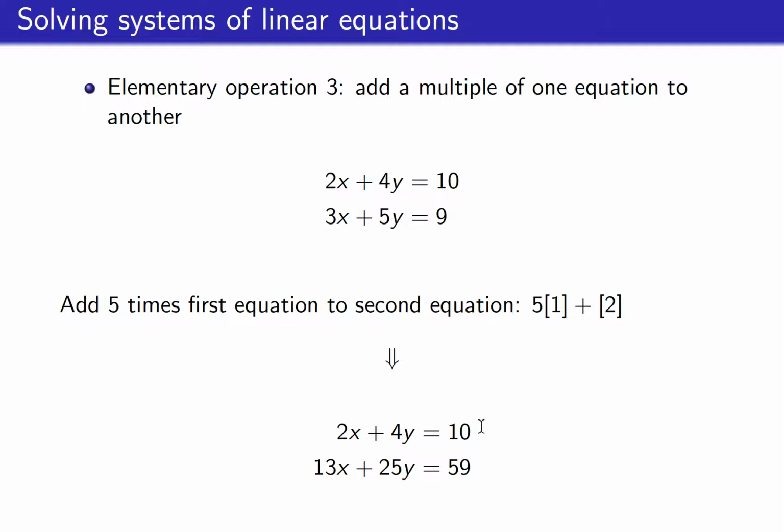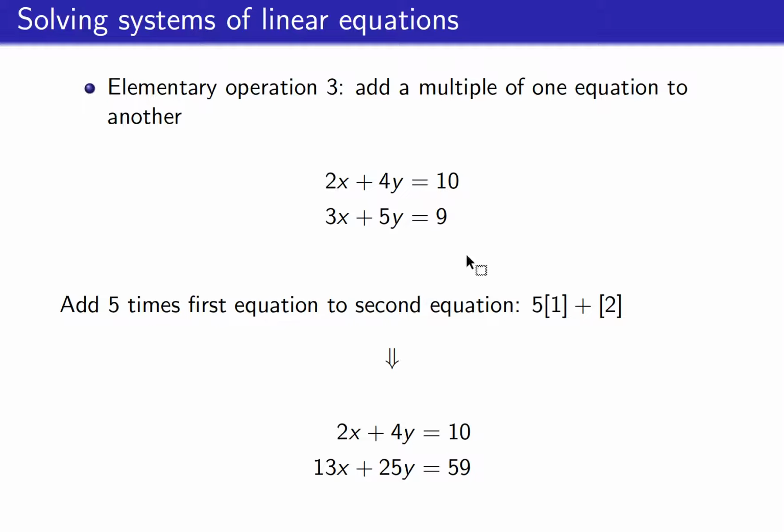Now, you will notice that this first equation remains the same as before. Sometimes students are a little confused by this. The point is we are not actually multiplying the first equation by 5 and then stopping. We are taking whatever 5 times the first equation is and adding it to the second equation, but the first equation remains as it is.